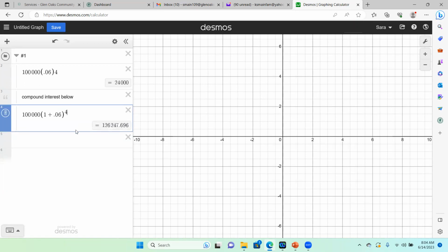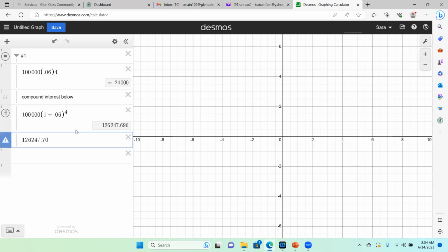So this is how much money we will have after 4 years. This is our future value. $126,247.70 if you round appropriately. So 126, 247, and 70.